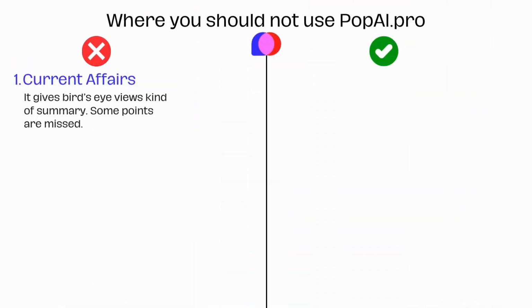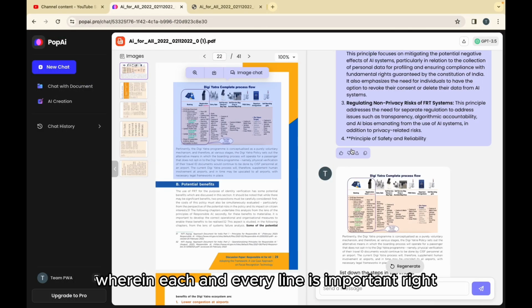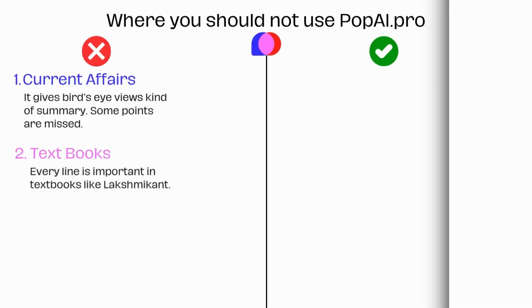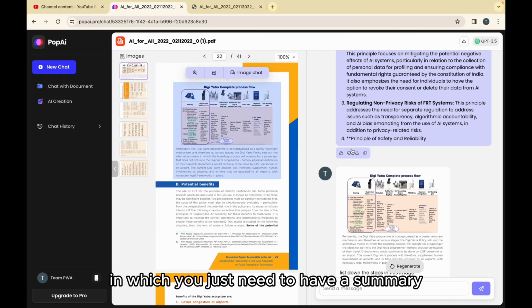Secondly, it should not be used to summarize your textbooks, because like Laxmikant, wherein each and every line is important, right? Where we can use it is, these reports released by Niti Aayog, released by other government departments, in which you just need to have a summary, you need to have a bird's eye view.